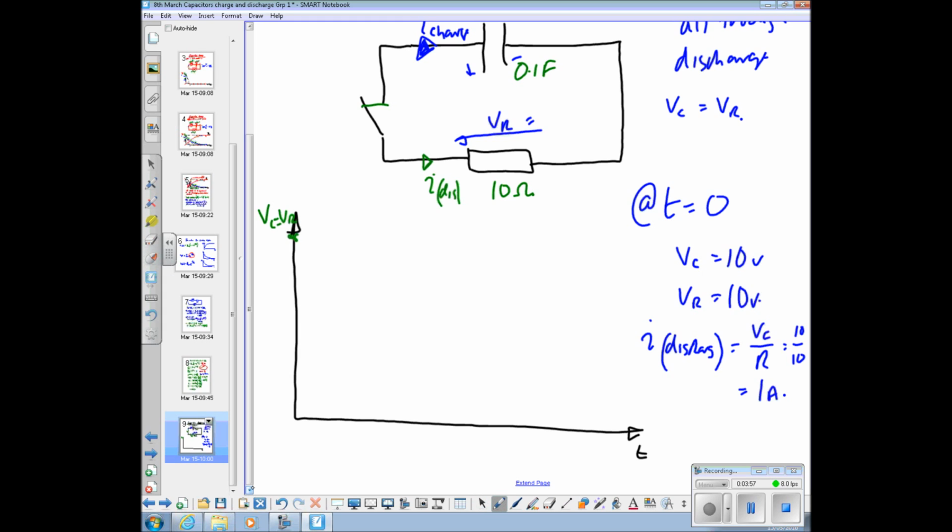VC and VR are equal. And let's put our current here, starting at that point, 1 amp. Yeah. So they're starting at peak values, what values they had at the instant you switch on, and VR is going to have the 10 volts of the capacitor across it.